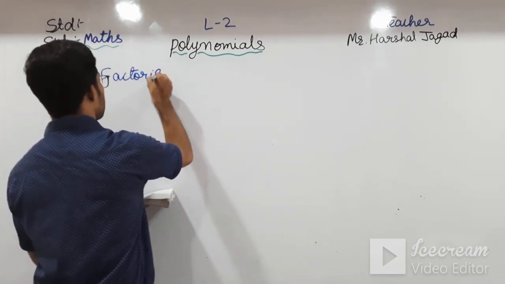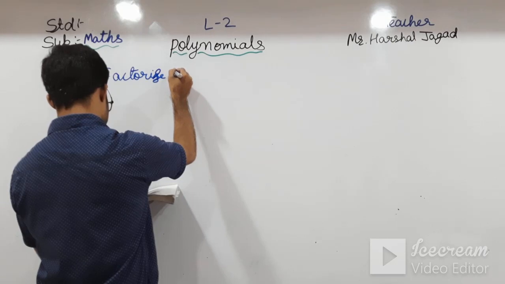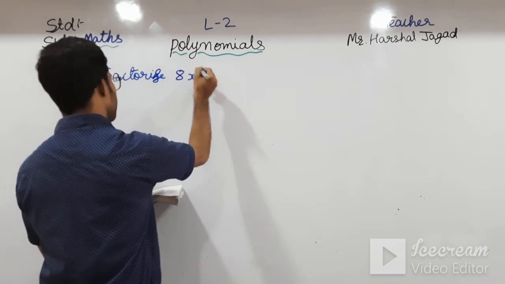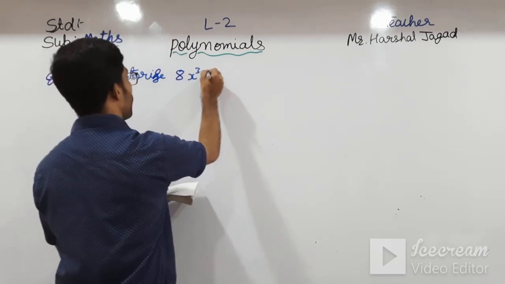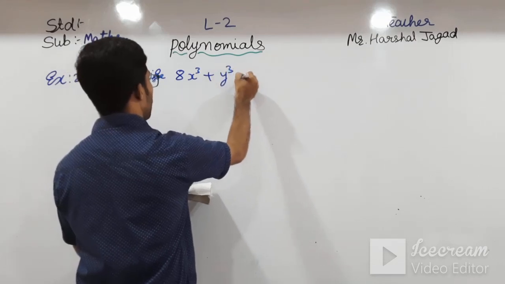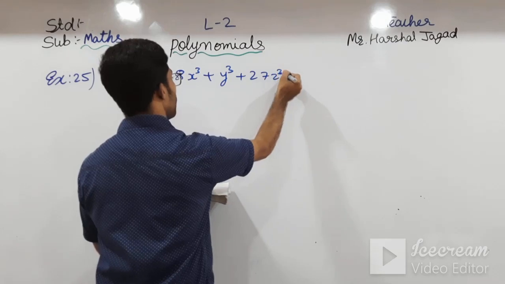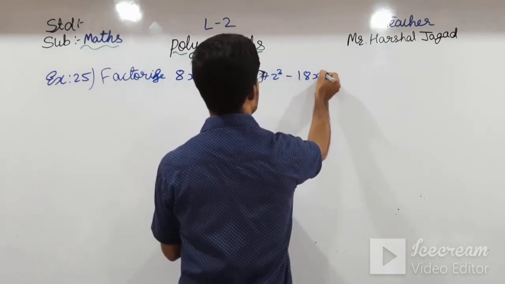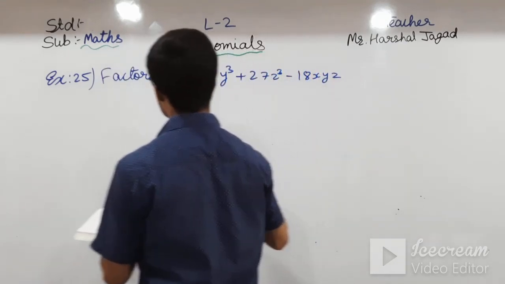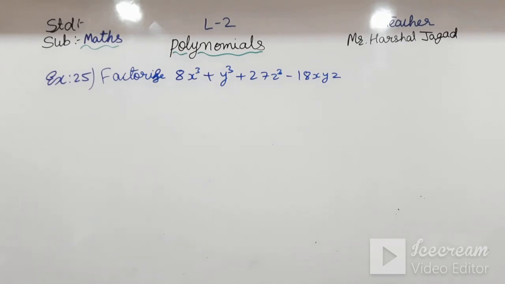Factorize 8x cube plus y cube plus 27z cube minus 18xyz. Okay students, so we will do this according to the identity number 8.